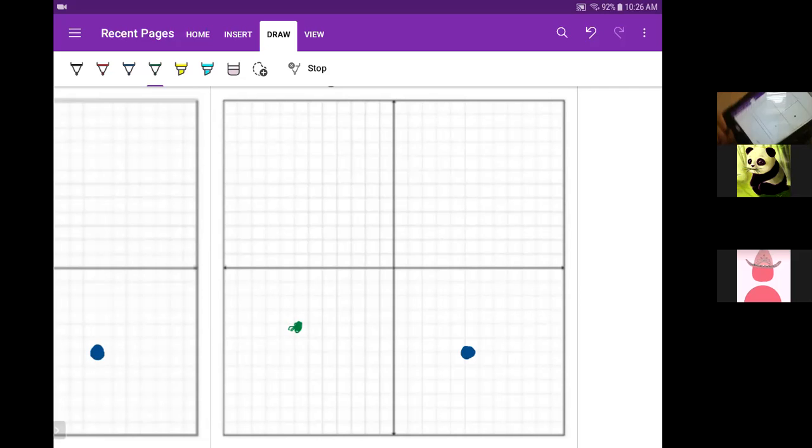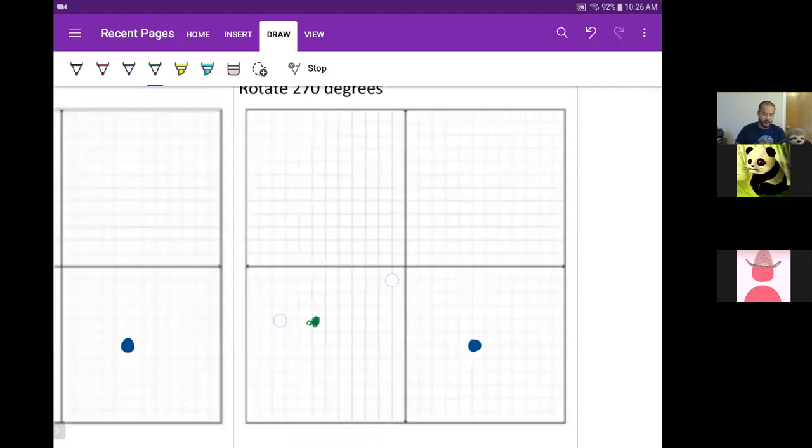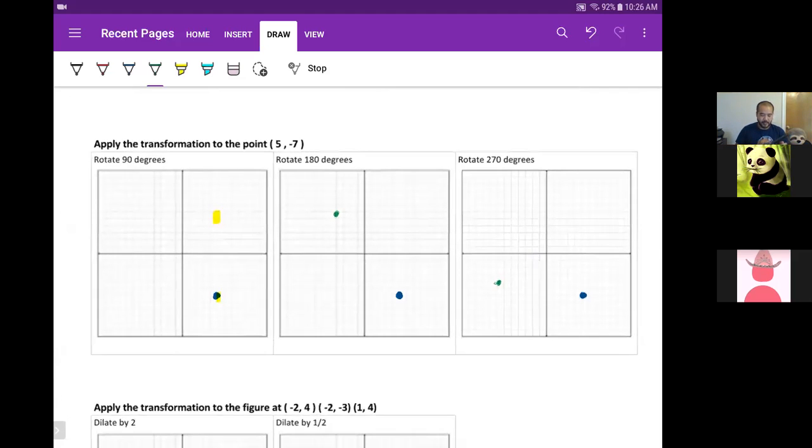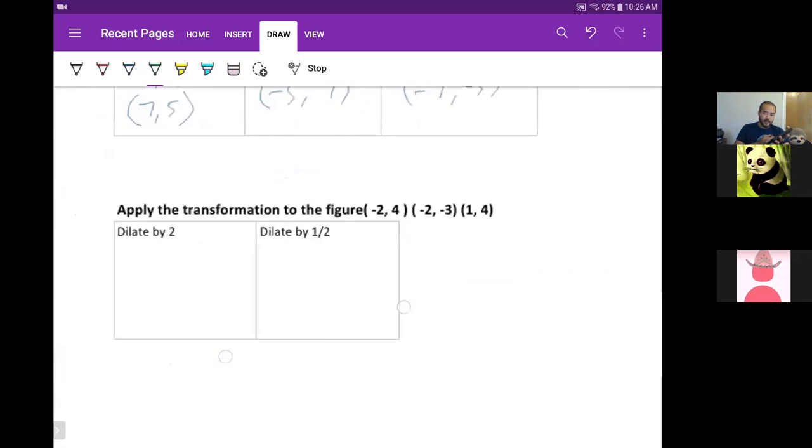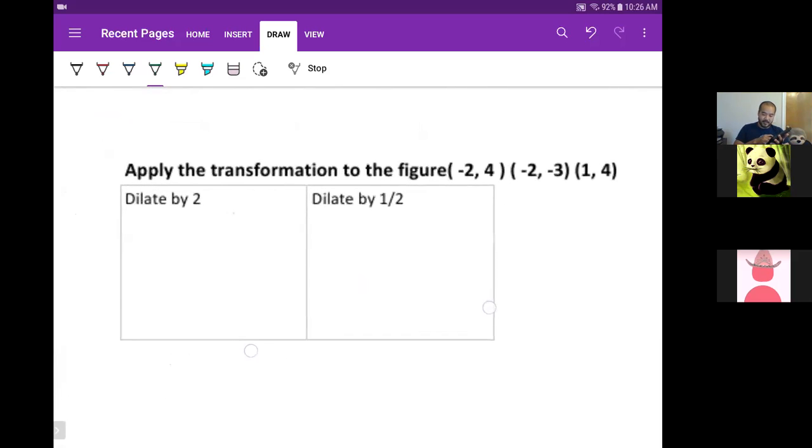No, that was 90 degrees. So rotate it 270 degrees. It should end up, that was about here. So original, rotate it 90 degrees, rotate it 180 degrees, rotate it 270 degrees. So those are the things we're looking at here. So you can look at it graphically, you can do it with the formula. That's rotations.